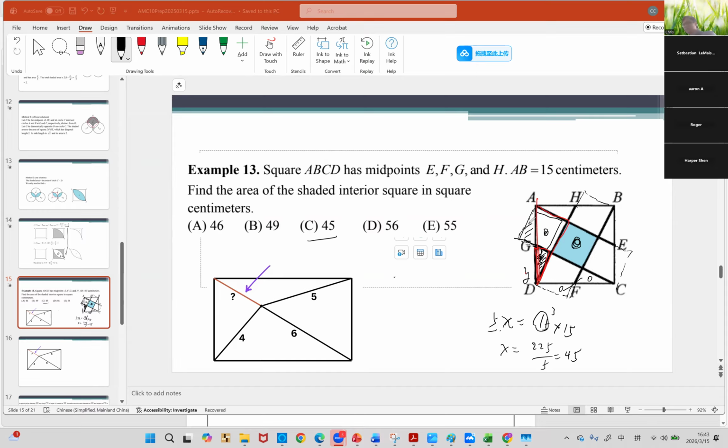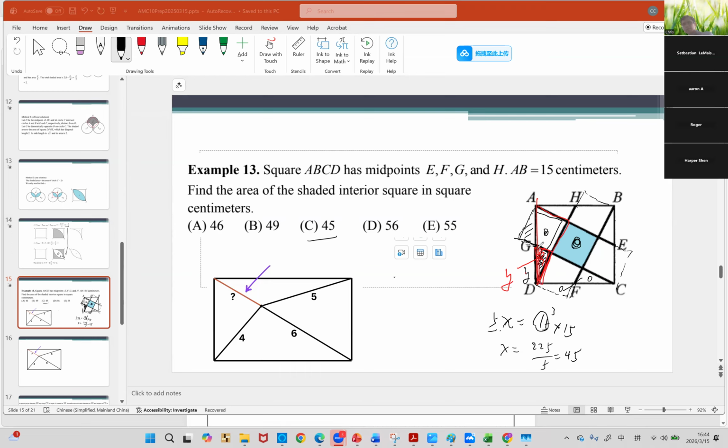So if this little area is y, what is the big area? One square.